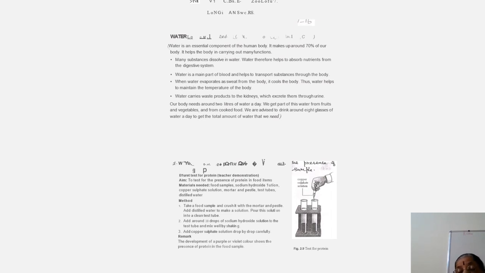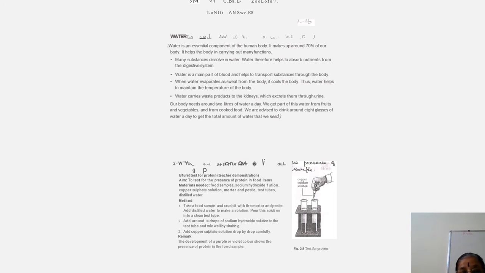First you have to add sodium hydroxide. The solution will be clear in nature. After that, you add copper sulfate drop by drop, so that you can observe the changes. If the food sample contains protein, it turns purple.